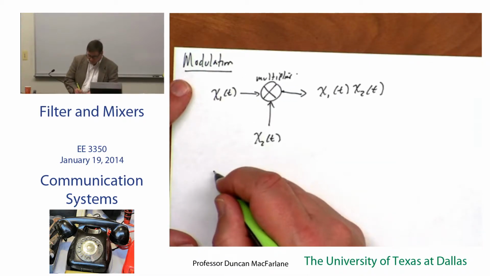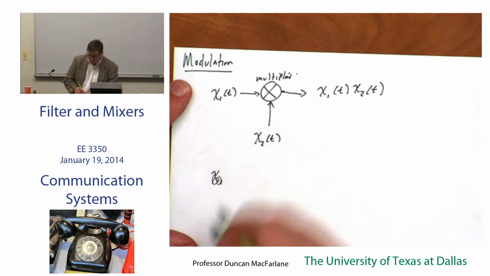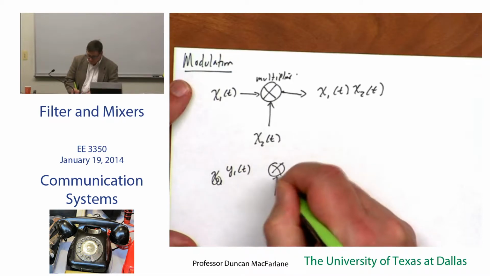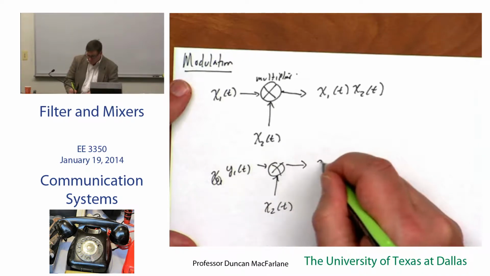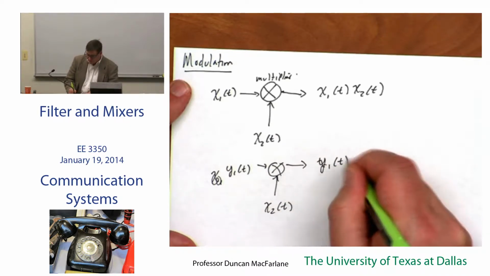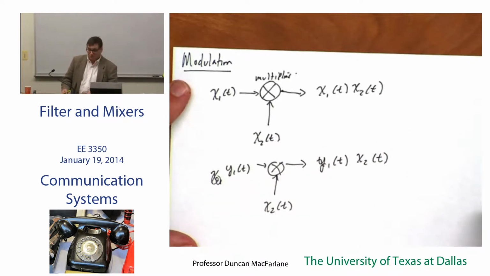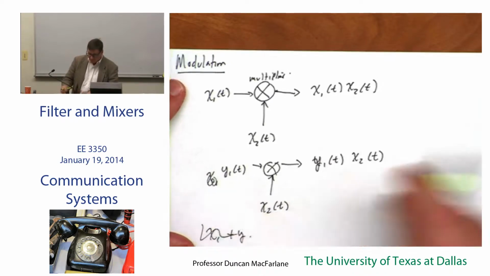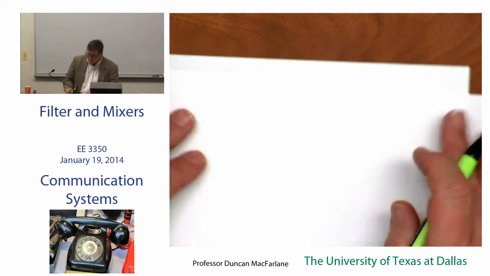Supposing I have x1, and then supposing I have a y1 of t and an x2 of t, and so then this is y1 of t, x2 of t, right? So now if I have x1 plus y1, oh, I don't like that idea. Hold on one second. Let me start over here.